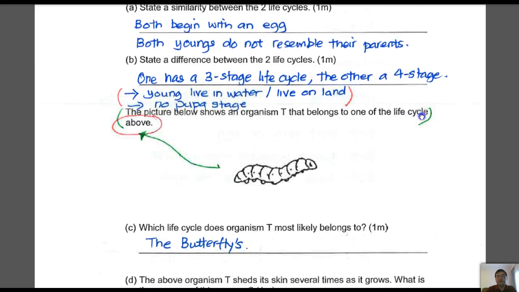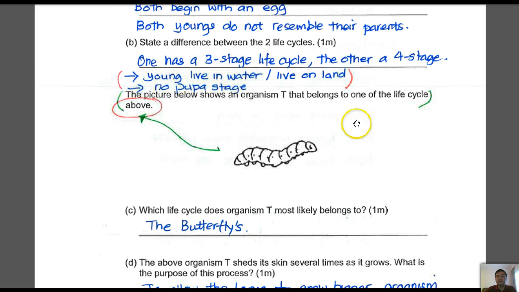Next is to draw a picture. This picture here below shows one of the organisms above. Now, some of you left out this "above", so you answered this question independently, by itself, as what you see.